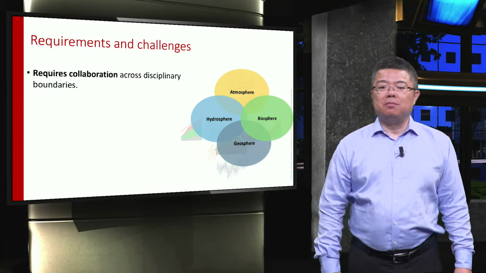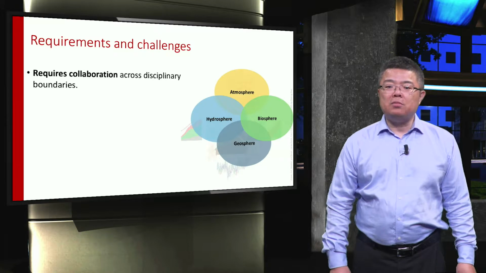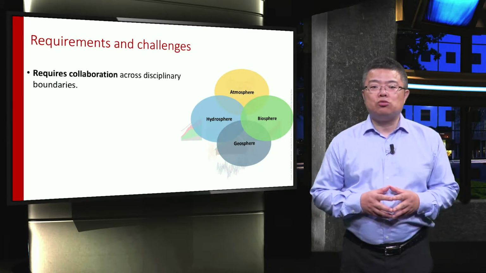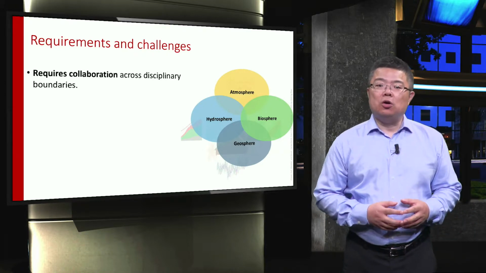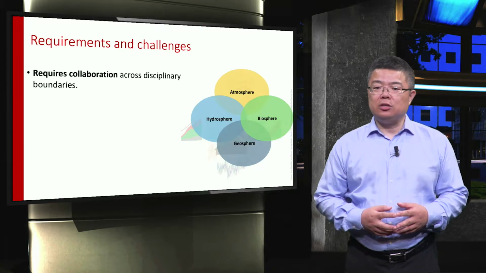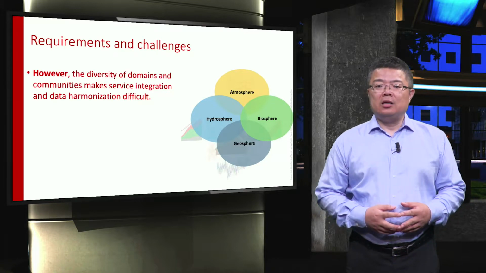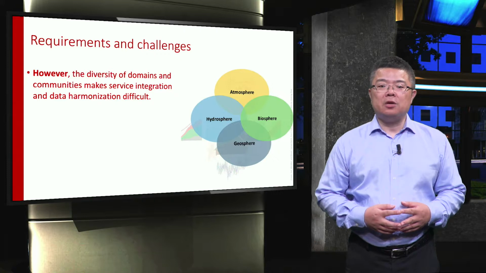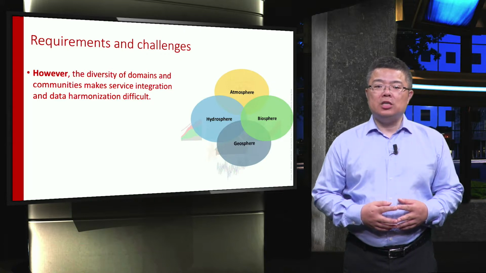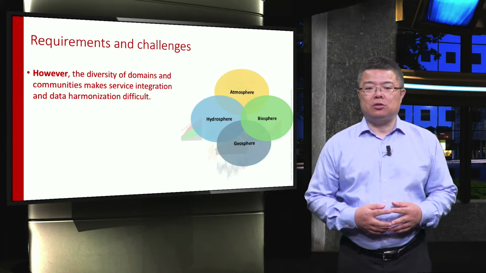For instance, modeling a complex environmental problem often requires expertise regarding ecosystems, the oceans, atmosphere, and solid earth. However, the diversity of domains and communities makes service integration and data harmonization difficult.